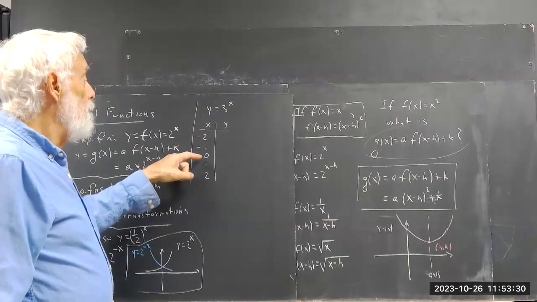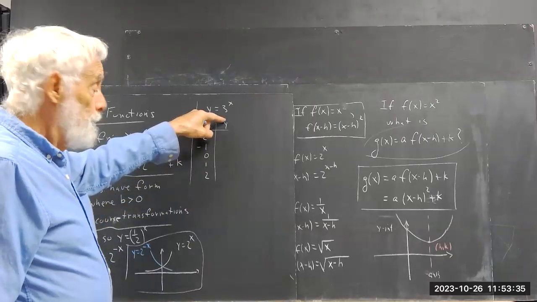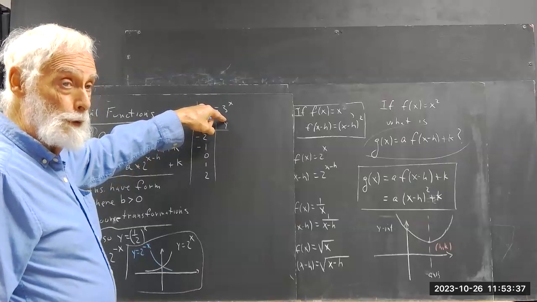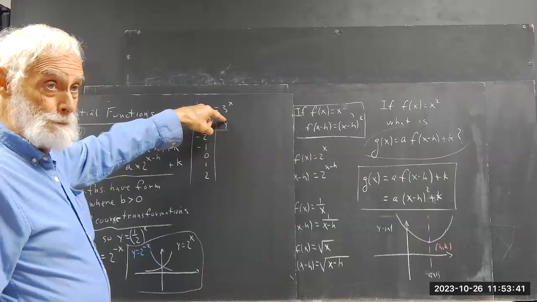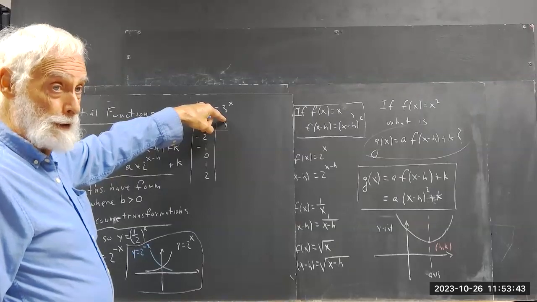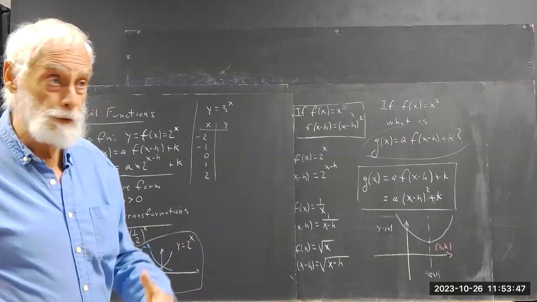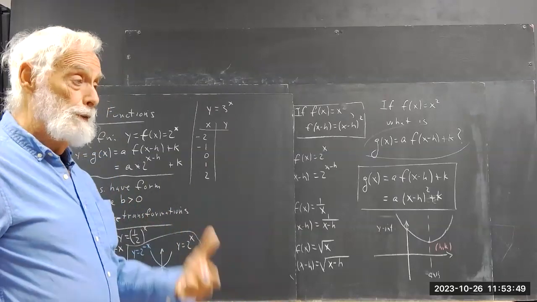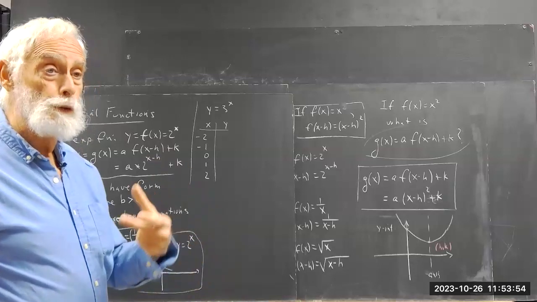We don't use negative 1/2 or 1/2 because we can't write out the value of 3 to the 1/2 or 3 to the negative 1/2 exactly. And you don't know how to calculate it. You'd have to use a calculator. We don't want to have to use a calculator to construct these graphs. Any of these graphs can be constructed without reference to a calculator.